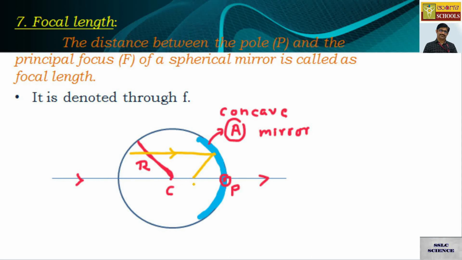That is nothing but the principal focus F or focal point F. Focal length is the next one. It is the distance or length between F and P, the principal focus F and the pole of the mirror, the focal length of the mirror.